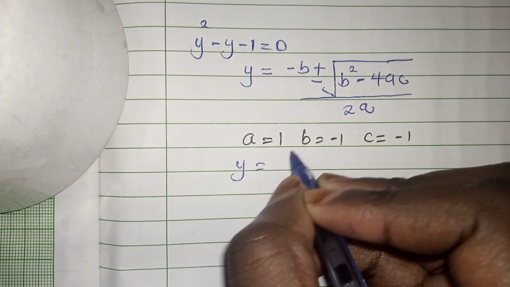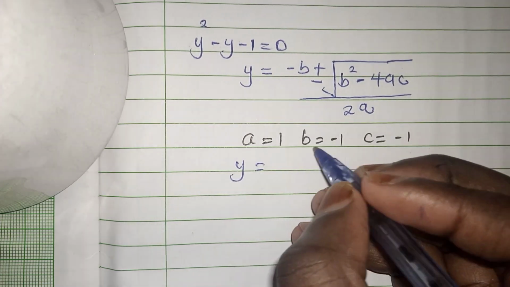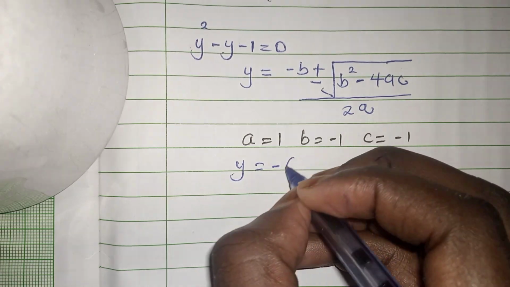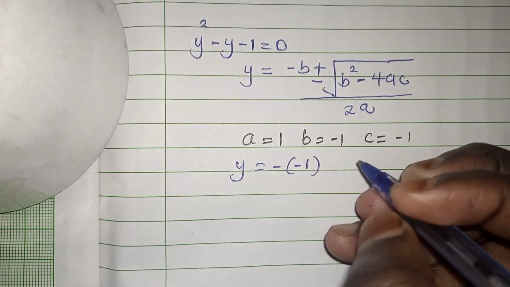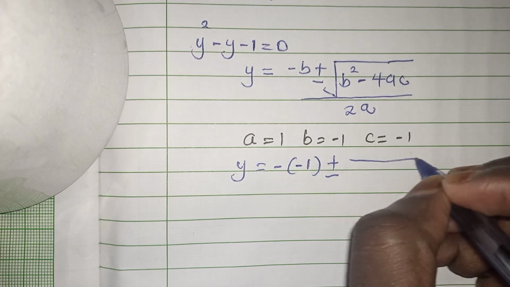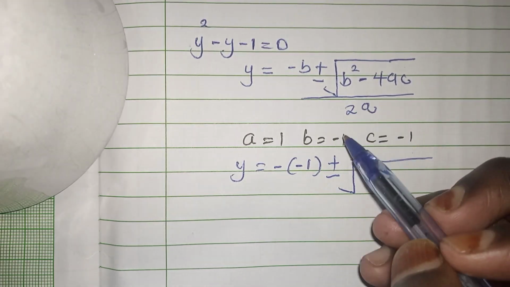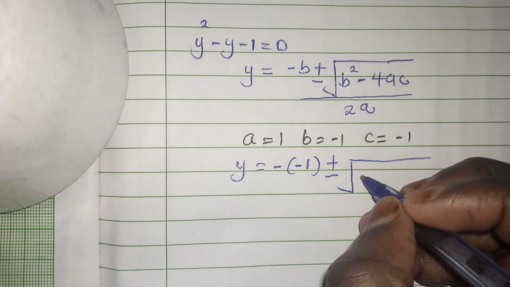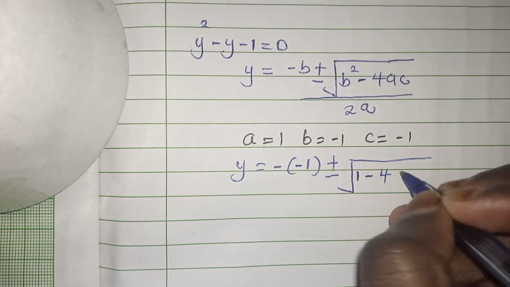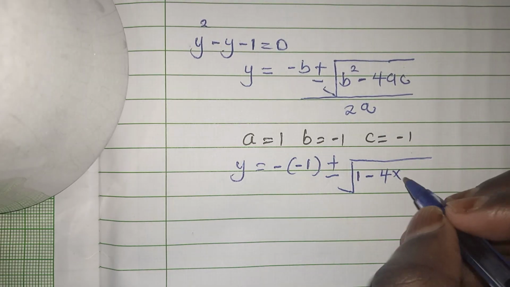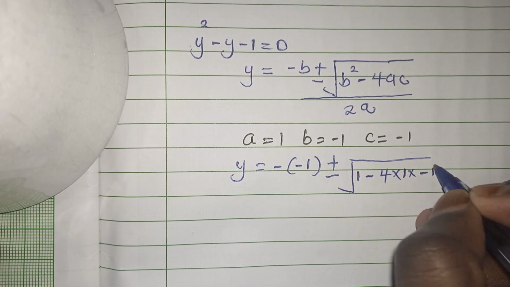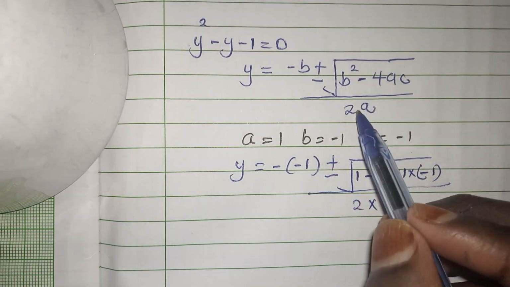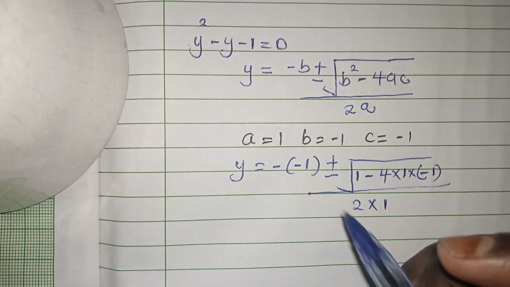So y is equals to -b, and our b is -1, so negative times -1, plus or minus the square root of b squared, -1 squared is 1, minus 4 times our a, which is 1, times -1, which is our c, all this over 2 times a, and our a is 1.